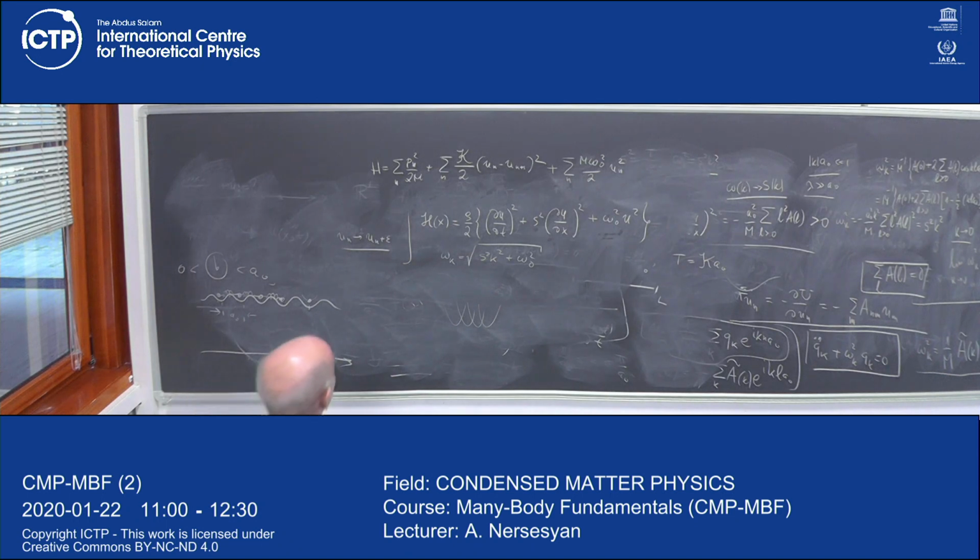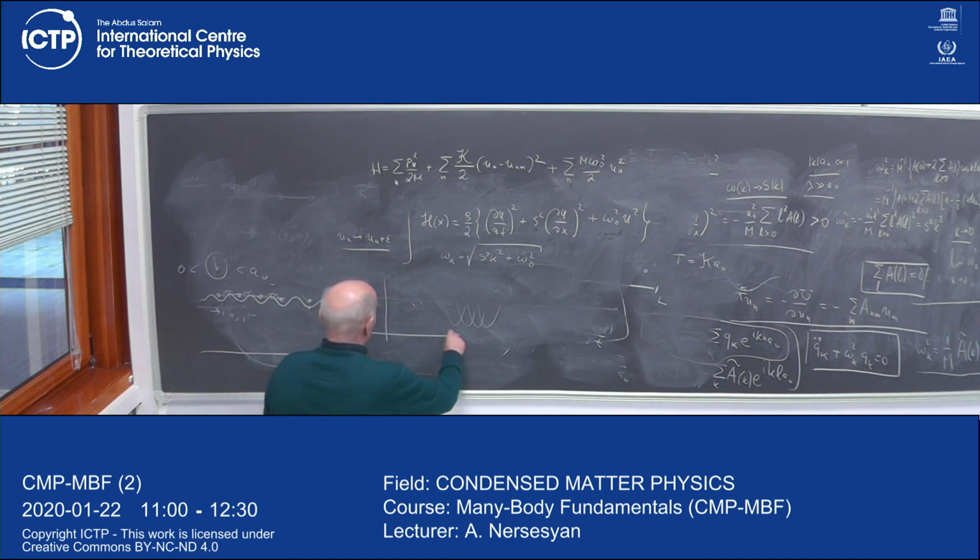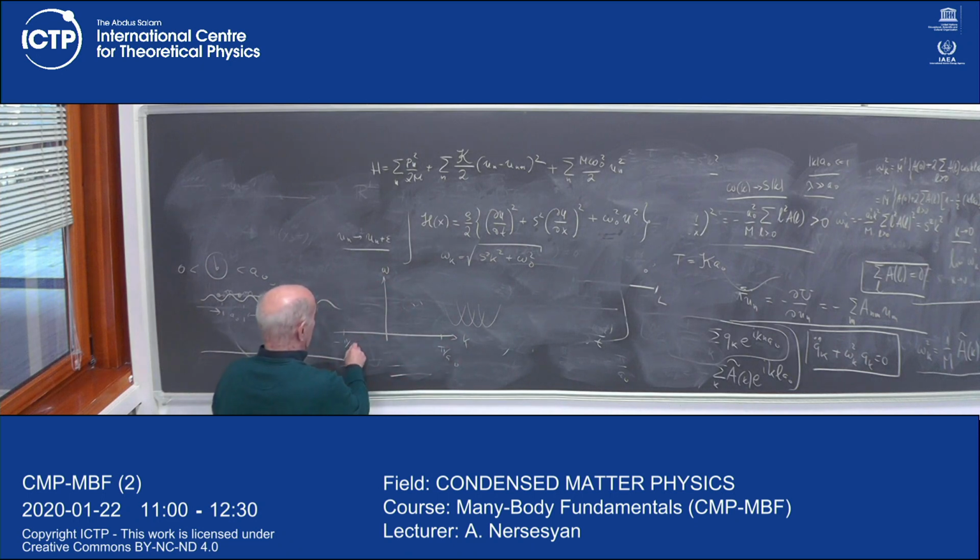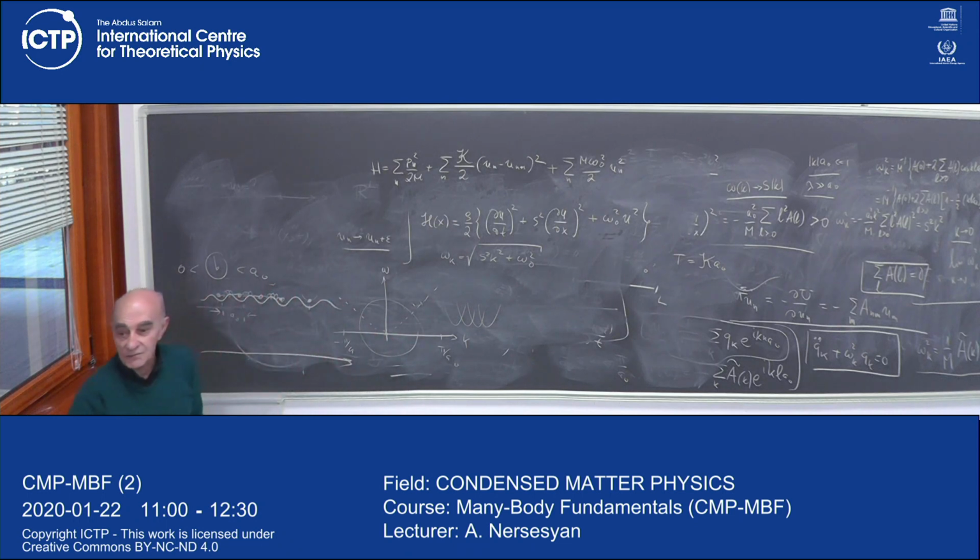How does it look? Its spectrum, omega as a function of k, let alone the edge of the Brillouin zone. We're not interested in the endpoints. We're working somewhere here, in the small k region. So what we had before was the standard sound.